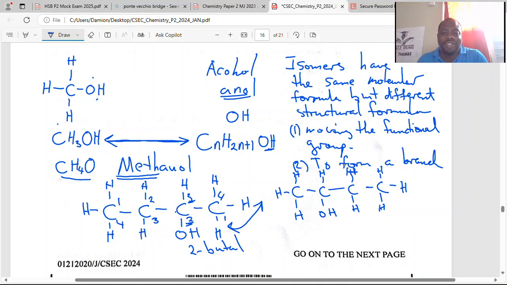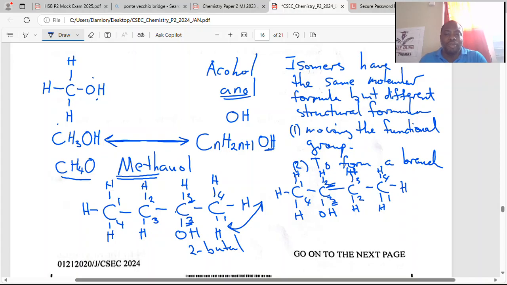The left. All right. So point to note, prime example. If I go 1, 2, 3, 4, or 1, 2, 3, 4, the OH is on the third carbon going that way. But if I go this route, it's on the second carbon.